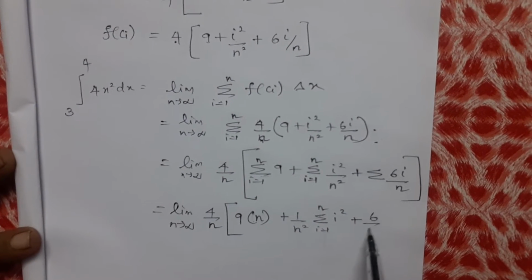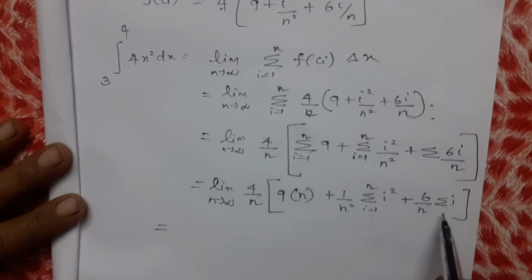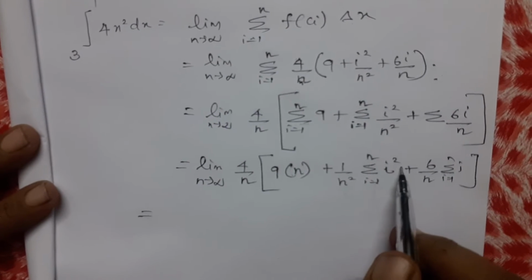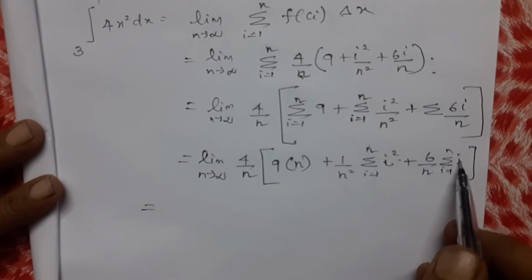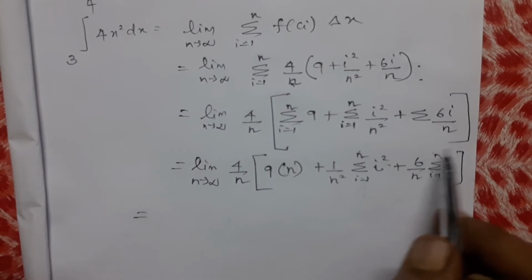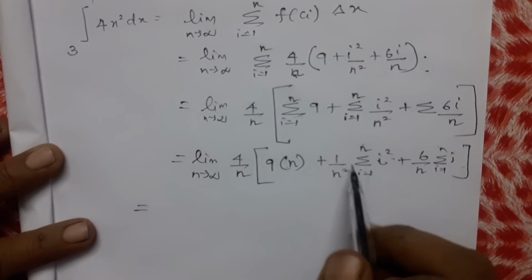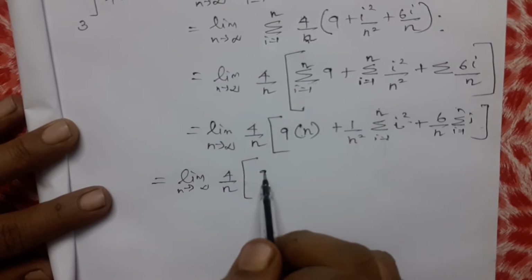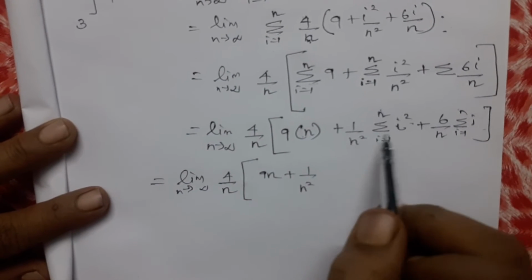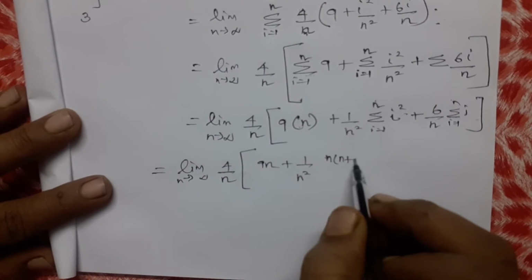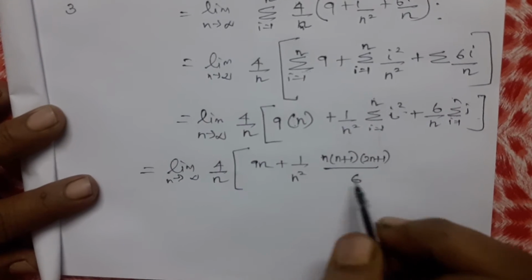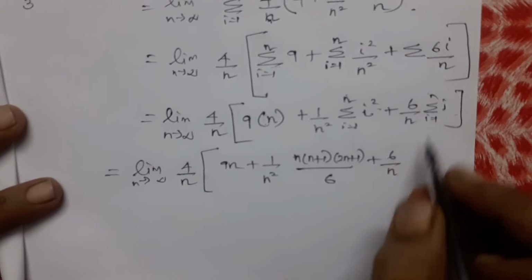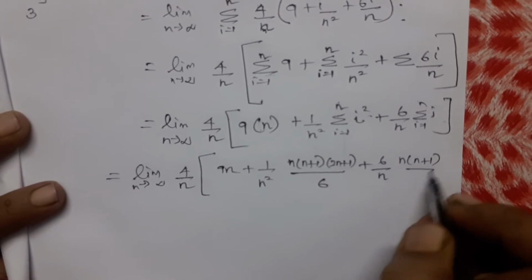Here 6 by n can be taken outside and we have summation i, which is 1 plus 2 plus 3 and so on, the sum of n natural numbers. So we have 9n, and here 1 by n square times the formula for the sum of squares of n natural numbers, n into (n plus 1) into (2n plus 1) divided by 6, and 6 by n times the sum of natural numbers, n into (n plus 1) by 2.